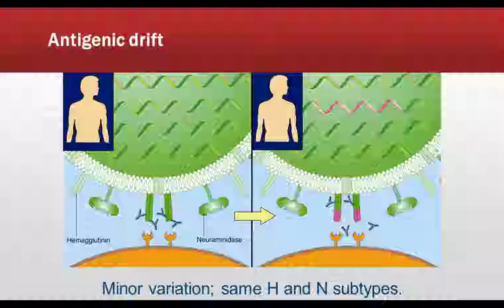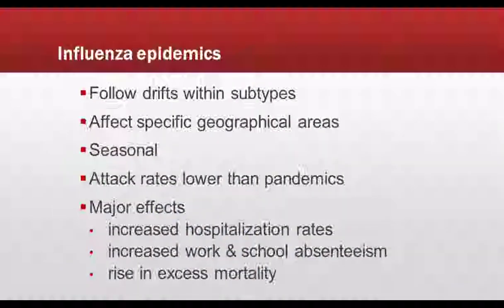In cartoon form, this is what happens with antigenic drift. You can see here there's a minor mutation in the hemagglutinin, a minor change. It's still the same HN subtype, but it's drifted. And as a result of this drift, as I've said, you have these annual influenza epidemics. These epidemics affect specific geographical areas. They're seasonal.